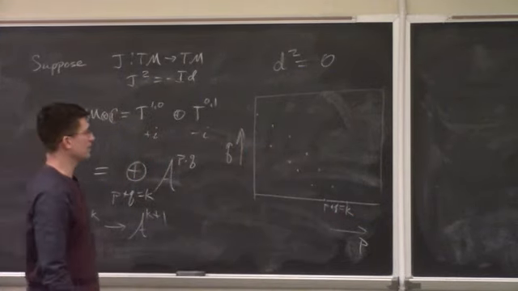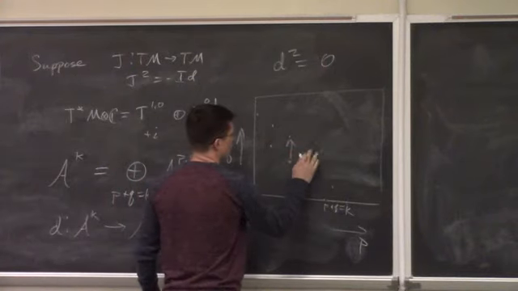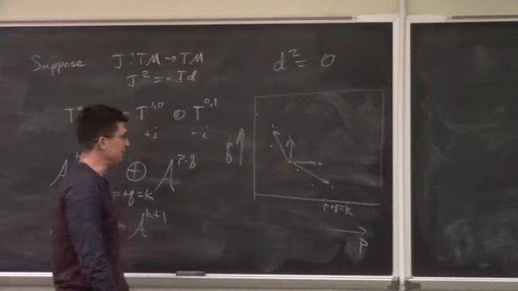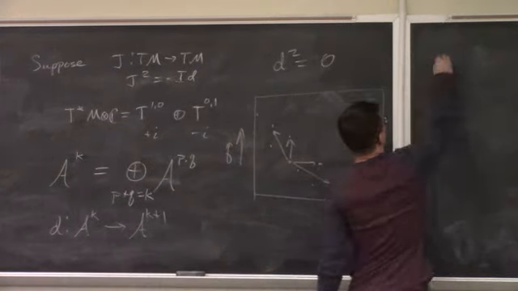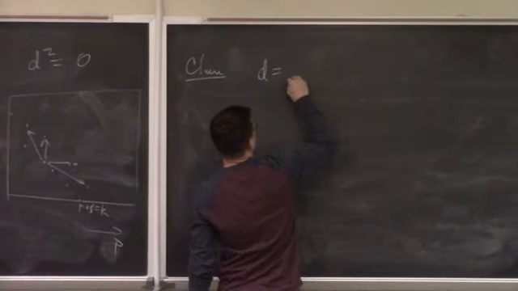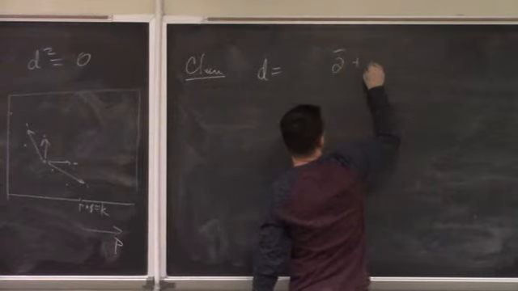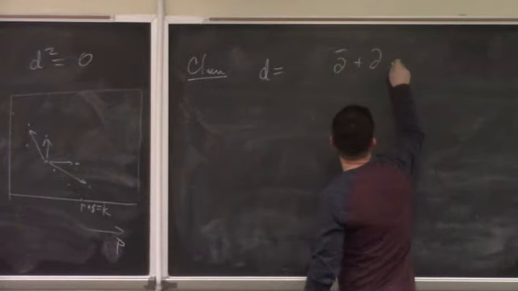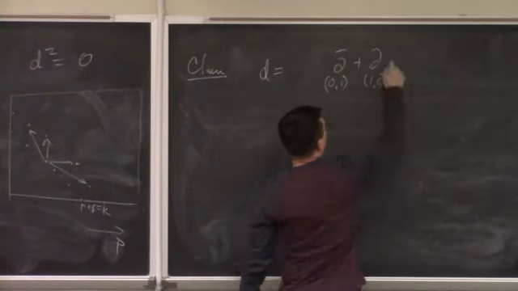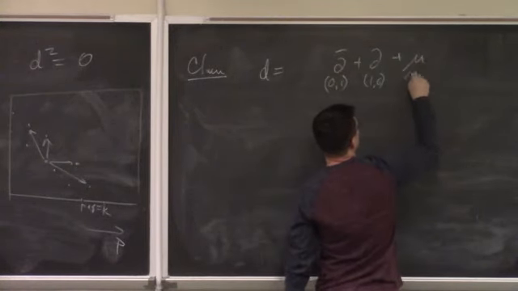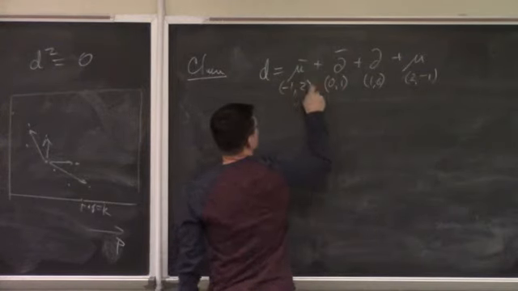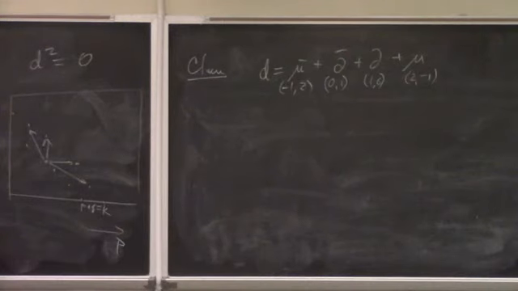But the first point I want to make is that actually there are only 4 components for d. The claim is that d, according to this decomposition, decomposes into the sum of 4 terms: two terms of degree (0,1) and (1,0), and two more terms of degree (2,-1) and (-1,2). So how do you prove something like this?